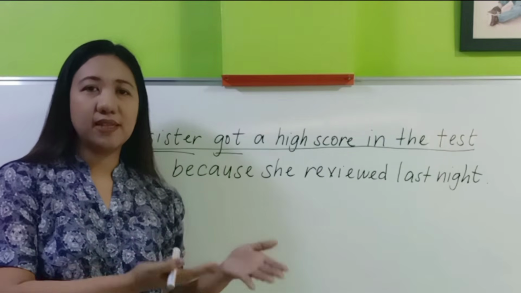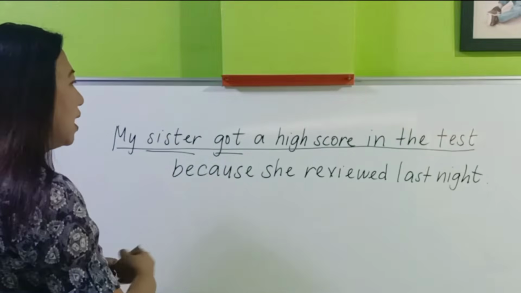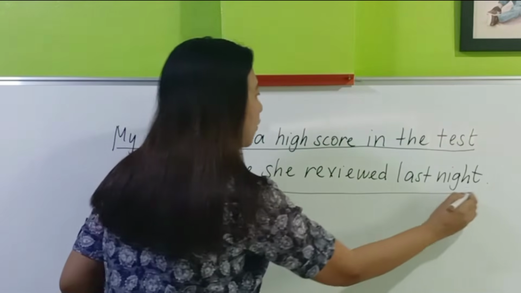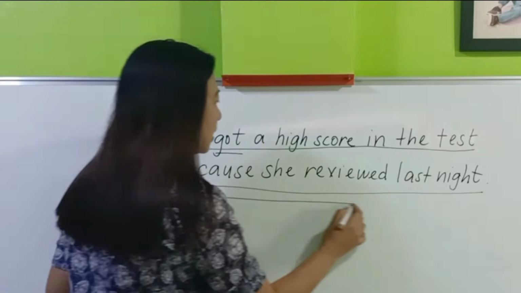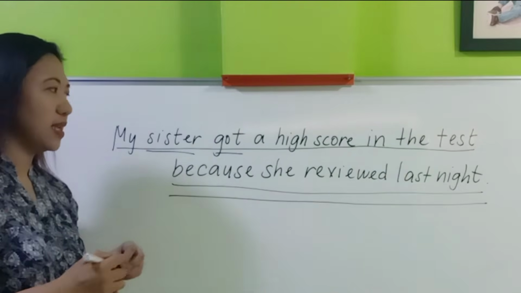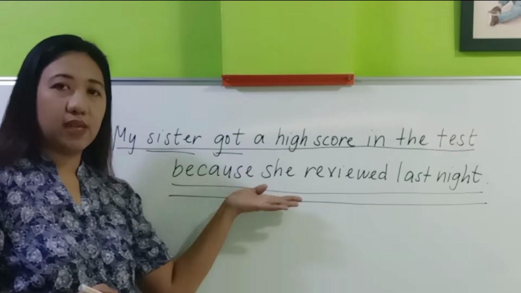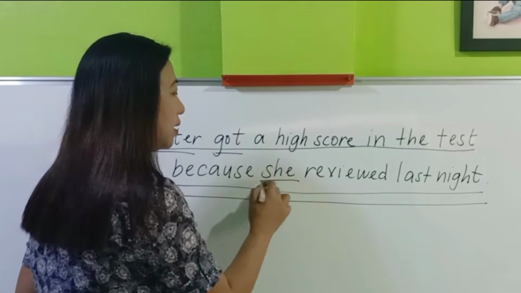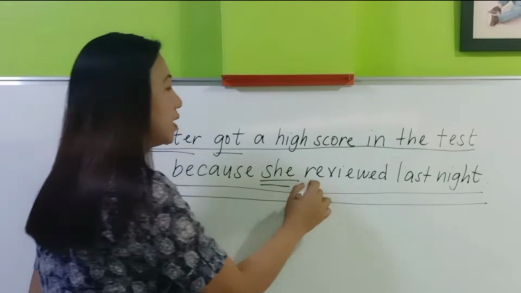How about the dependent clause? See, because she reviewed last night. This is now the dependent clause. It has also a subject, meron din siyang subject, meron din siyang predicate.